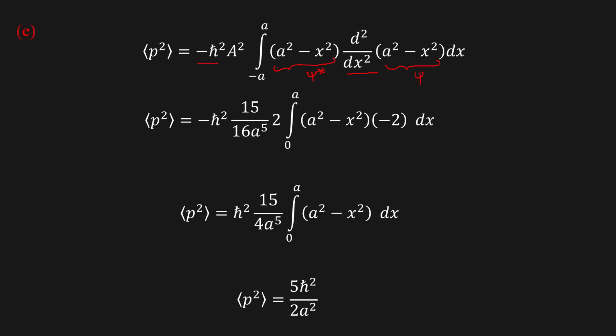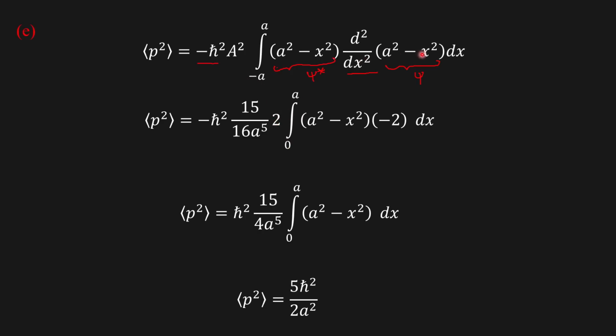So you can replace A squared by 15 over 16 a power 5, and this 2 comes because we are changing the limit from minus a to 0, 0 to a, so 2 will come here.